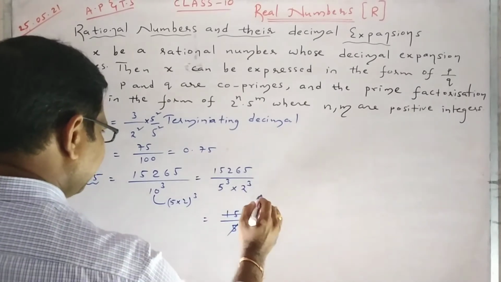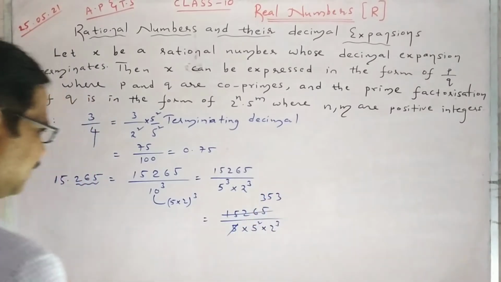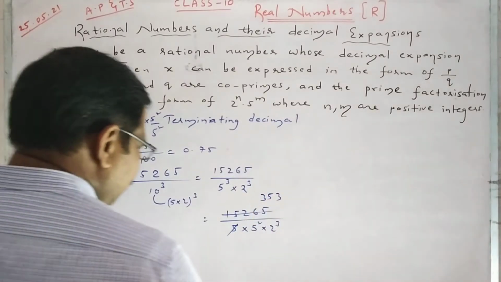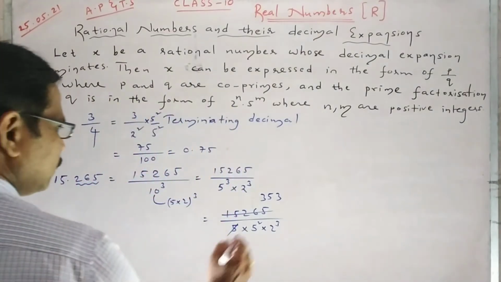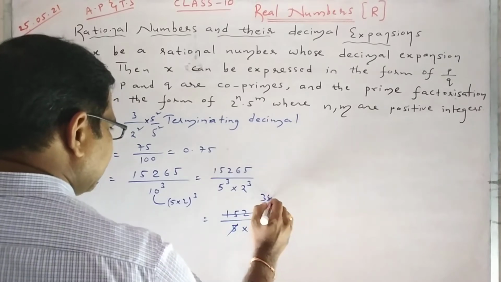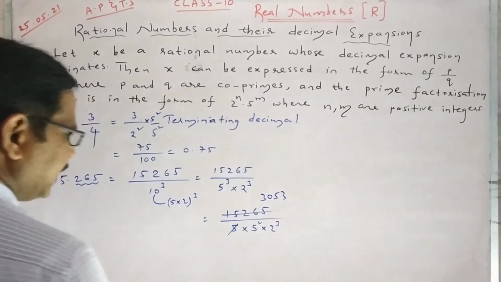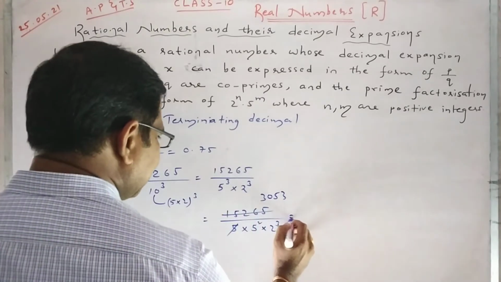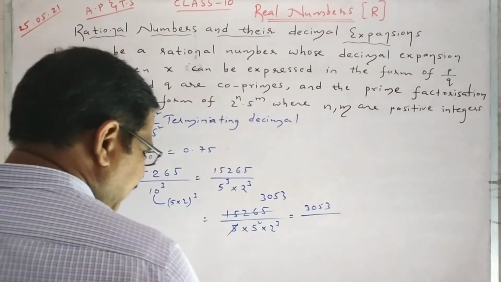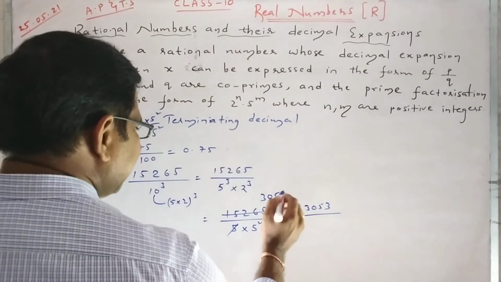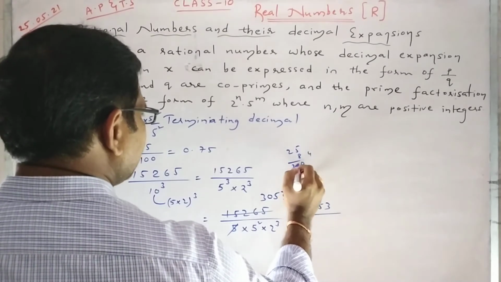You can cancel with 5. 5 3's are 15, 5 5's are 25, 3053. 3053 by, this we can write as 25 8s are 200.